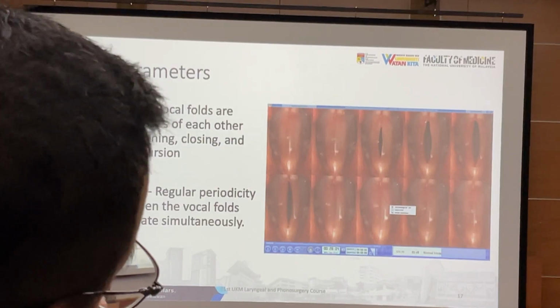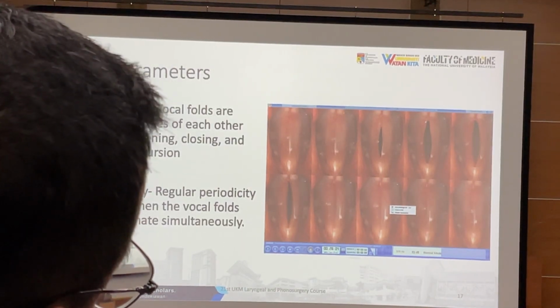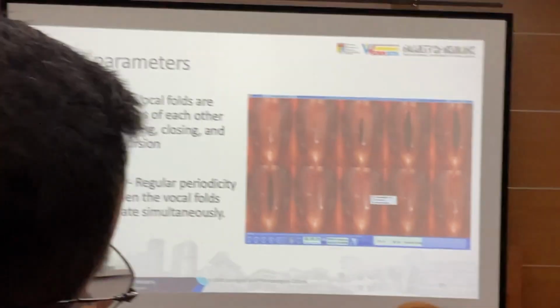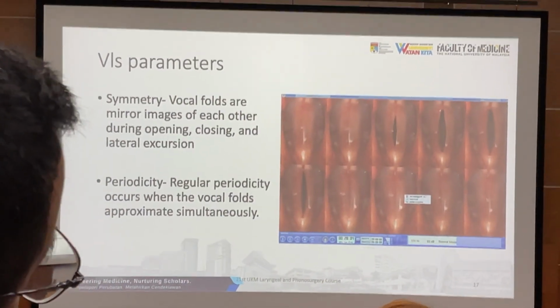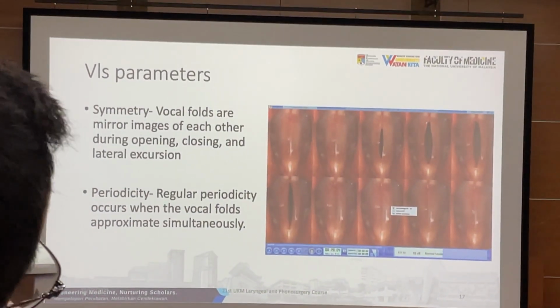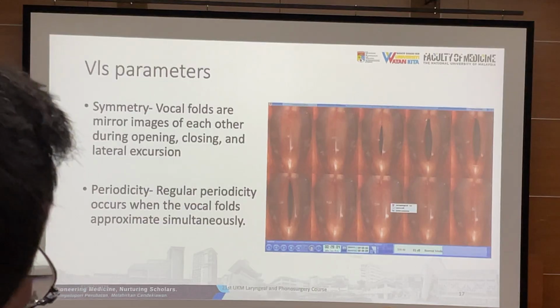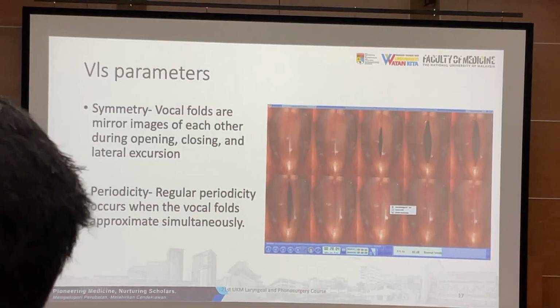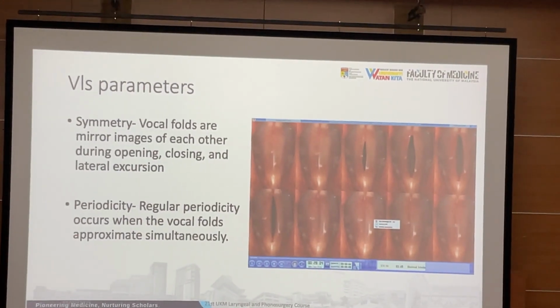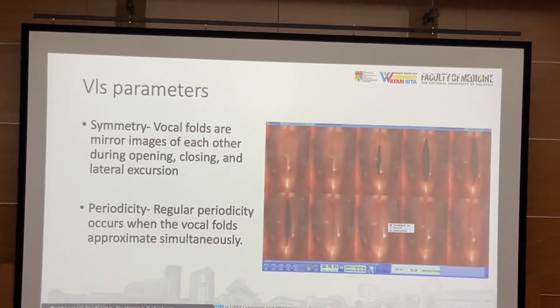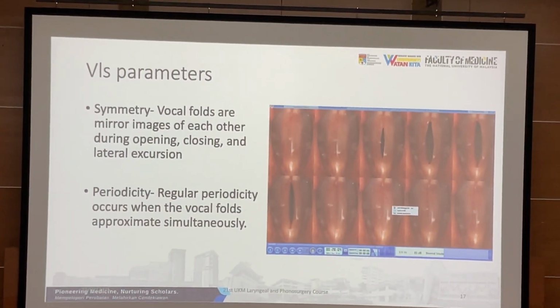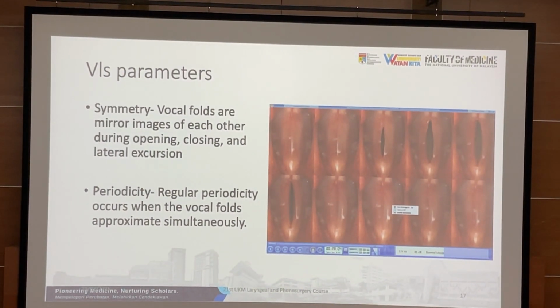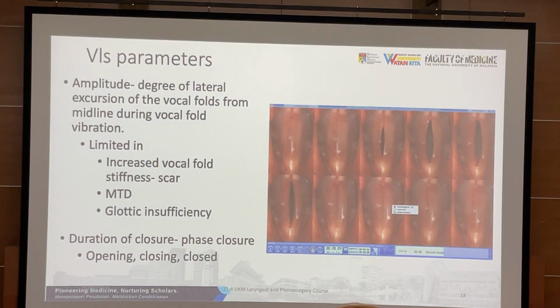Periodicity, I have mentioned just now, there should be a tempo. Whenever the vocal folds close at the same time, normally it means it is periodic. Whenever they open at the same time and this is a mirror image, it shows that it is symmetrical. That is just a general rule. You have to see more and more mucosal wave stroboscopic findings to become better and better at assessing it.